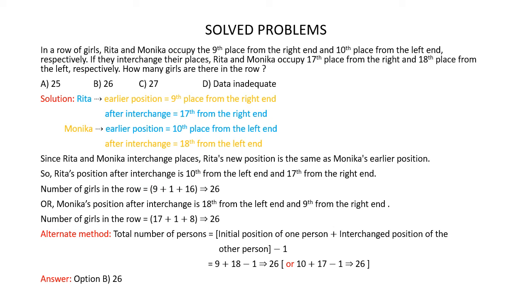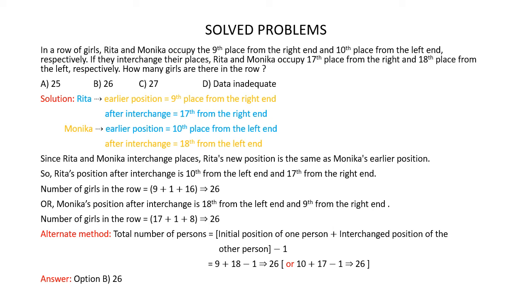It's also given that after the interchange, Rita's position is 17th place from the right end. So Rita's position after interchange is 10th from the left and 17th from the right end. So the number of girls in the row is 9 plus 1 plus 16, which is 26. So there are 26 girls in the row.